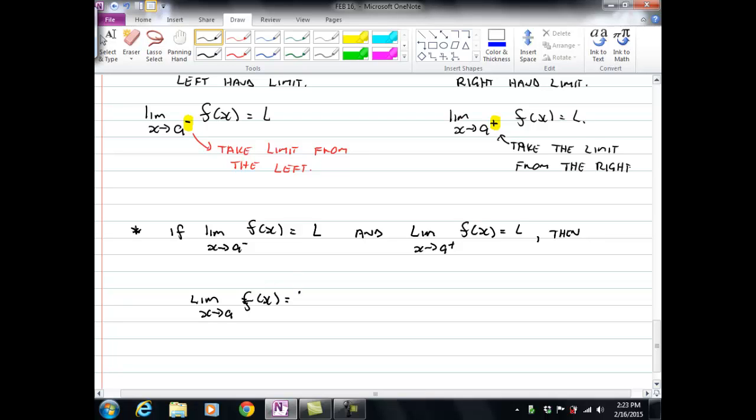It's going to be L. Both sides must have the same limit in order for you to have a limit. If they don't, it's not going to be the same. I'm going to walk you through this because this is going to be tricky. Bubble this one. This is your second method of doing limits.